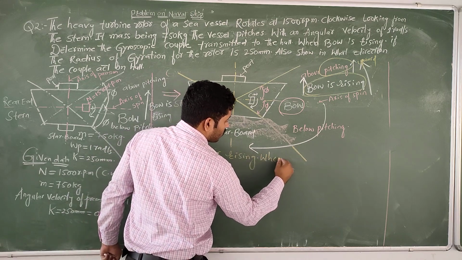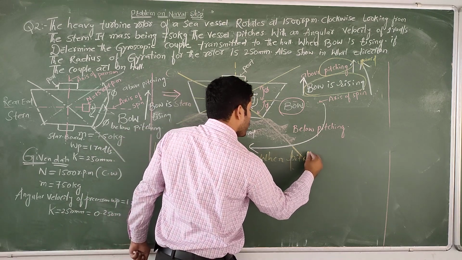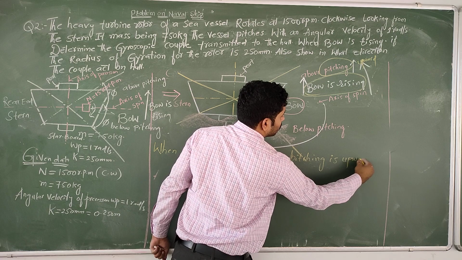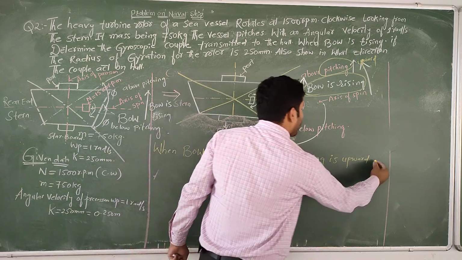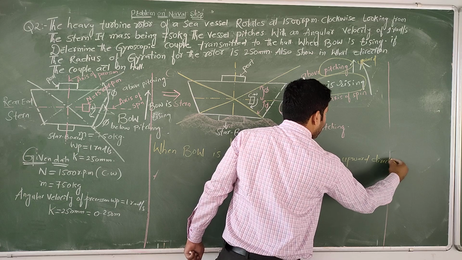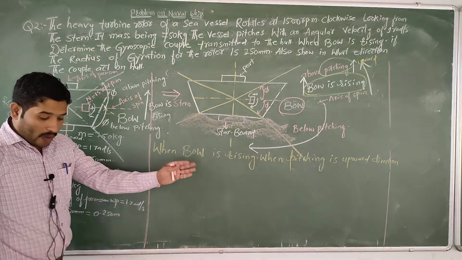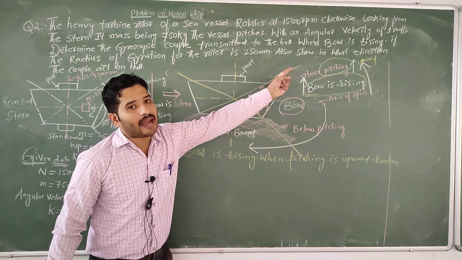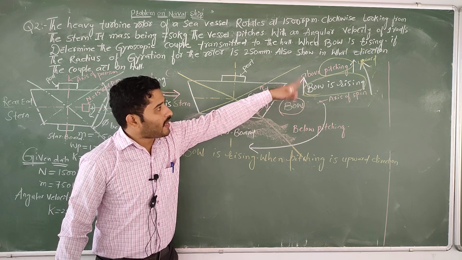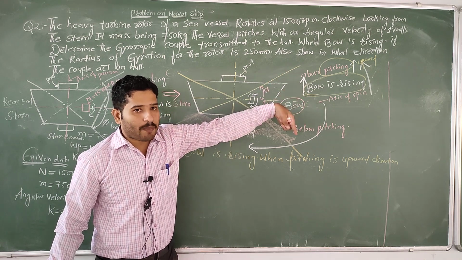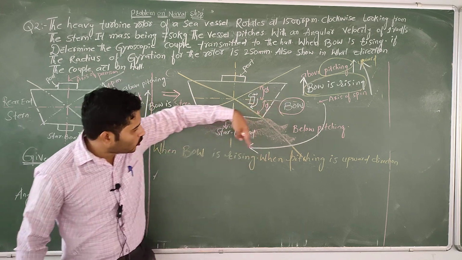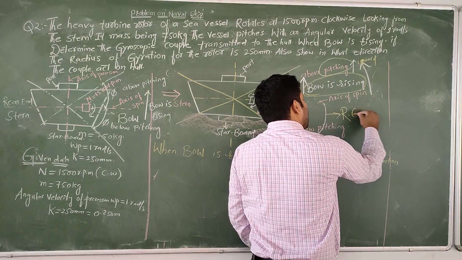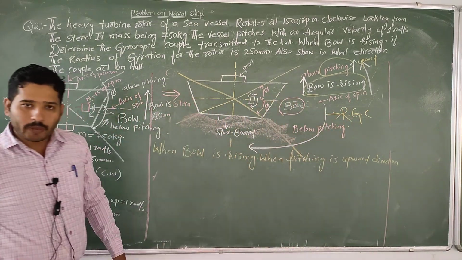If pitching is in the upward direction, then the reactive gyroscopic couple always acts in the opposite direction of the active gyroscopic couple. The active gyroscopic couple is acting in the upward direction. The reactive gyroscopic couple will move in the opposite direction. The reactive gyroscopic couple will move toward the starboard.